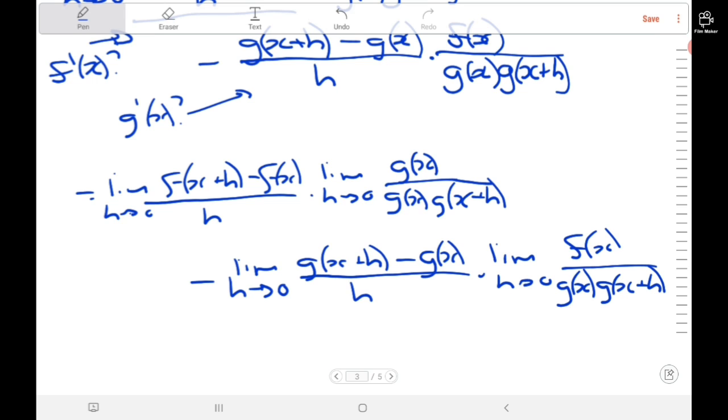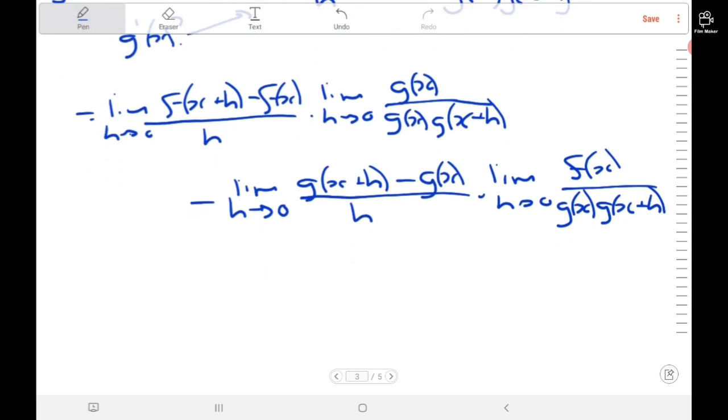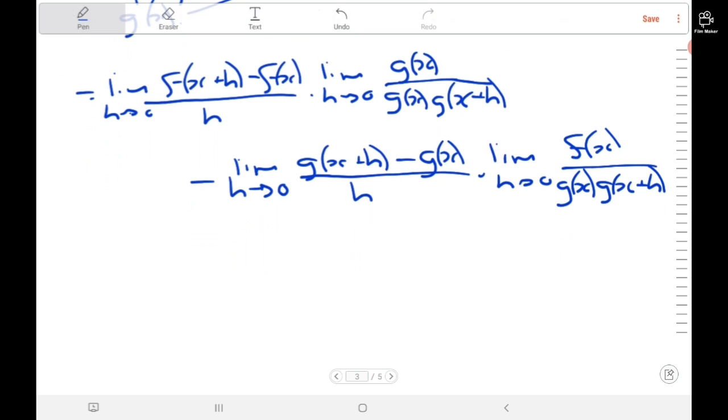So we've split this up now into 4 different limits that are making up this expression. And what's left to do is to evaluate them. So this first one, the limit as h goes to 0 of f of x plus h minus f of x divided by h, that is, by definition, the first derivative of f of x.